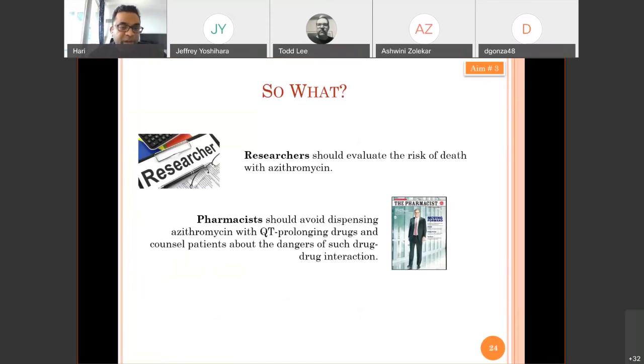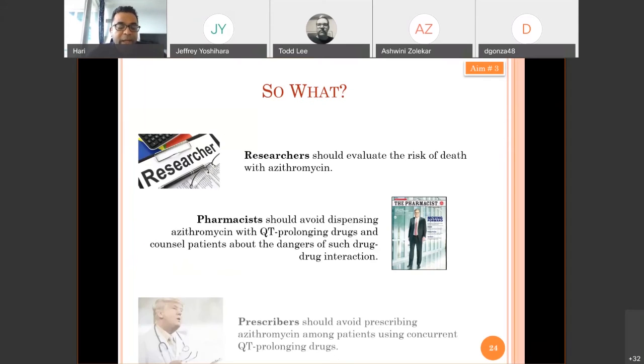And in terms of providers, especially pharmacists, who are more likely to see the different types of medications that patients would be on, I think it's important that these pharmacists counsel patients about the potential drug-drug interaction, especially if patients are experiencing non-specific symptoms, to consider changing the therapy if they had pre-existing conditions or if they're experiencing such conditions with azithromycin.